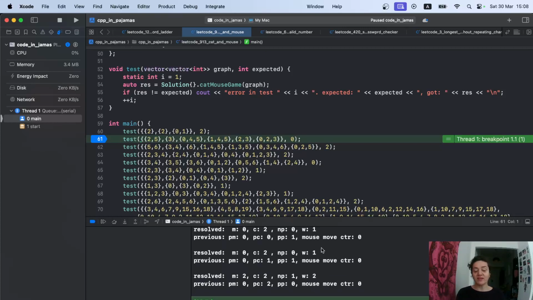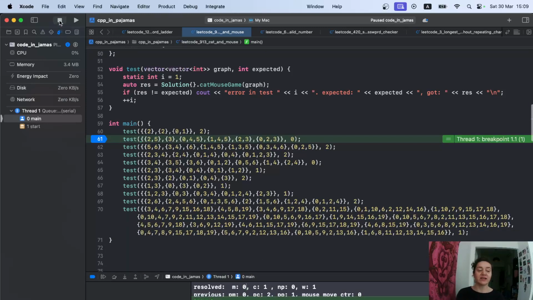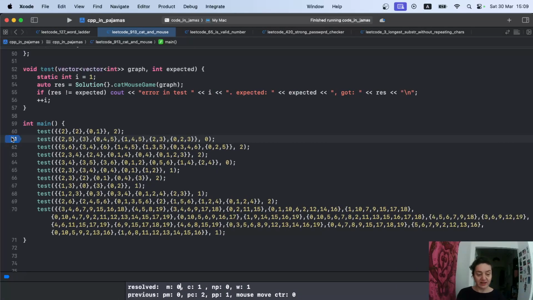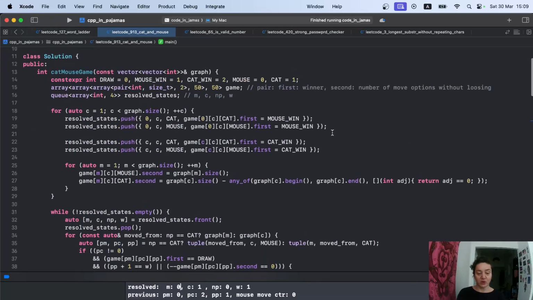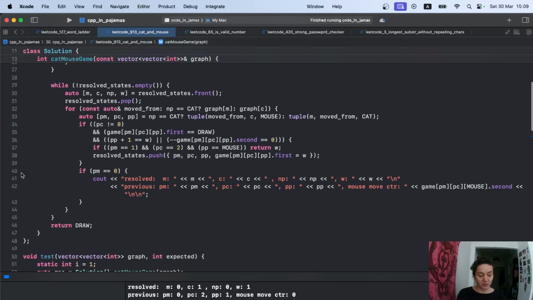So this is more runtime because I have resolved states where the mouse is at 0 and it's the mouse turn. Why would I do that? So as you can see, I just need to be aware of the things that happen here, but I can definitely not have this line because it's not going to happen. Okay, so now let's remove this printing.